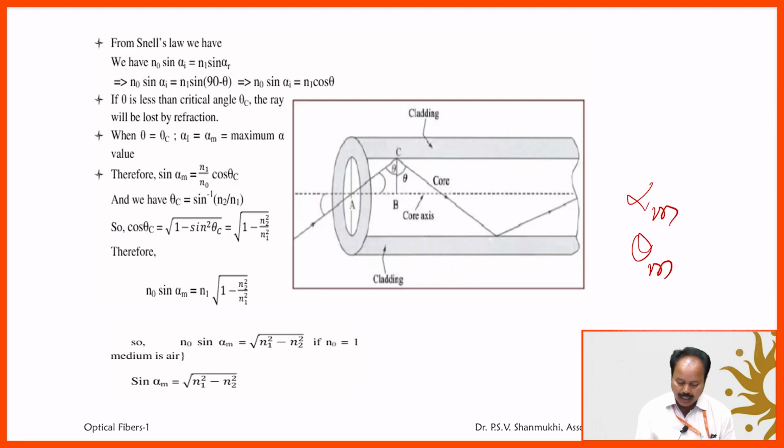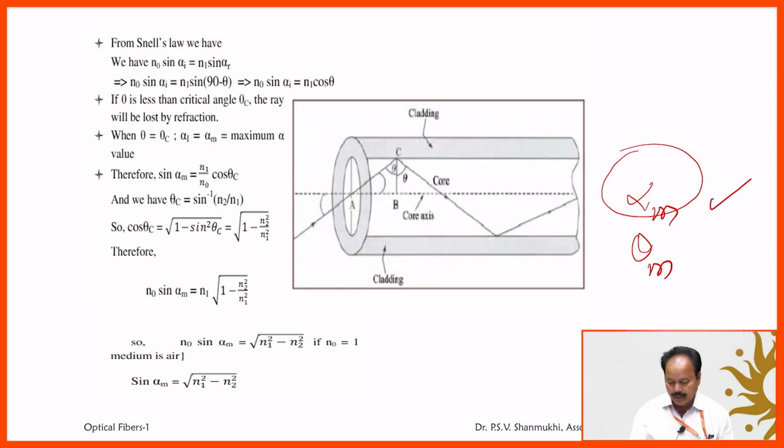If the light ray is incident within that limit, it undergoes total internal reflection. If the light ray makes an angle more than that, it escapes from the cable. So we have to determine the expression for the acceptance angle. Every optical fiber accepts up to a certain limit of the incident angle; beyond that it doesn't accept it.